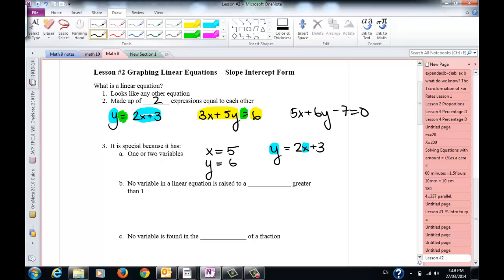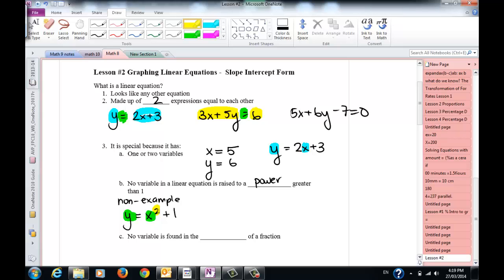And no variable in a linear equation is raised to a power greater than 1. So a non-example would be y equals x squared plus 1. Notice that there are two variables, but the x is raised to a power of 2.